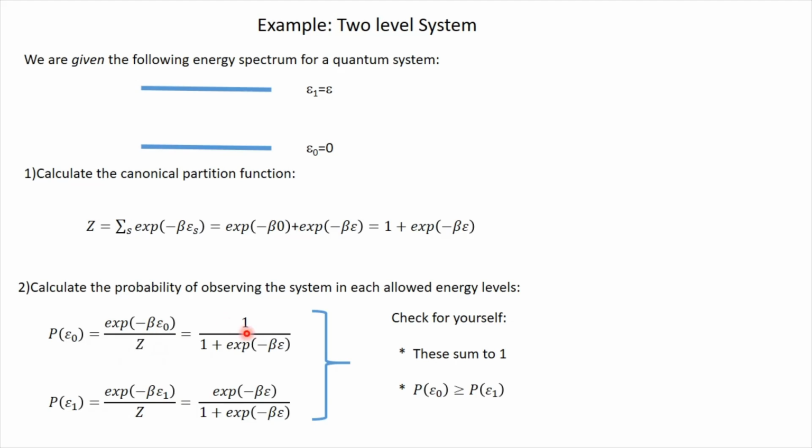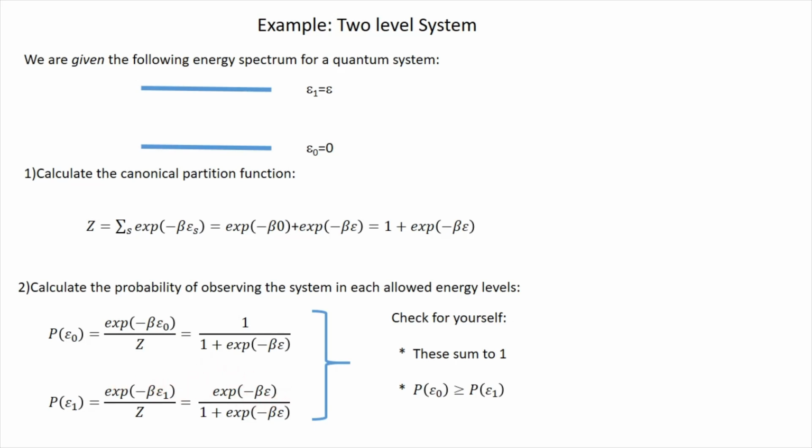Ground state Boltzmann factor is 1. The probability of being in the ground state is 1 divided by 1 plus e to the minus beta epsilon. Same thing for the probability of being in the excited state, only the Boltzmann factor there is not 1 anymore, it's e to the minus beta epsilon.